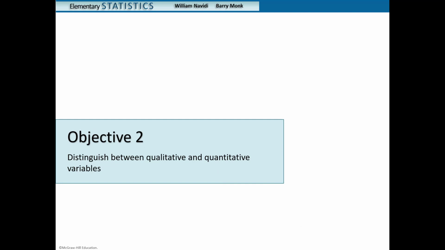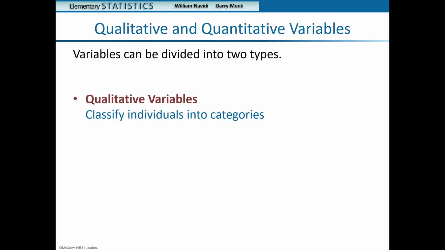Variables can really come in two types. The two types of variables are qualitative and quantitative. So let's break this down. Qualitative variables are variables that classify individuals into categories. So like if the variable is class standing among college students, the categories would be freshman, sophomore, junior, senior, right? If the variable is gender, the categories could be male, female, and so on, right?